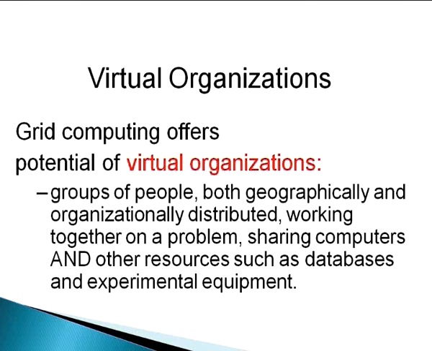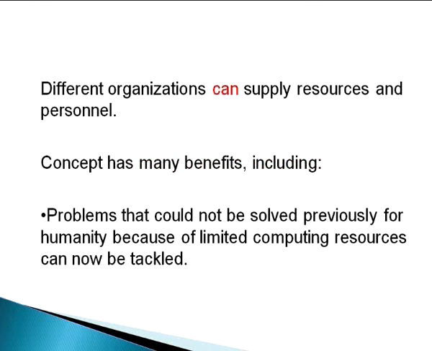Take the example of a research work which is not at one place: different laboratories, resources and scientists are put together to discuss many things, accessing databases and utilizing all the experimental equipment. Different organizations can supply resources and personnel.